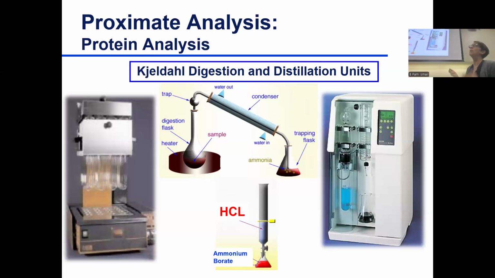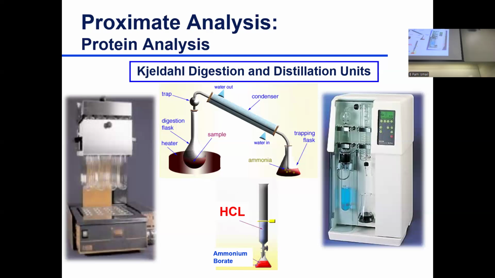Actually, it's yellow, the boric acid we use. Well, not yellow, right? It's not yellow. What was it? You put methyl red in, the boric acid turns pink. And then when the ammonia is captured, the color turns yellow. And then you titrate with HCl back to pink. There are different types of indicators that people use, but our indicator is methyl red.